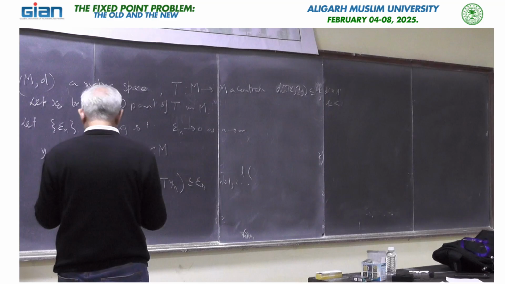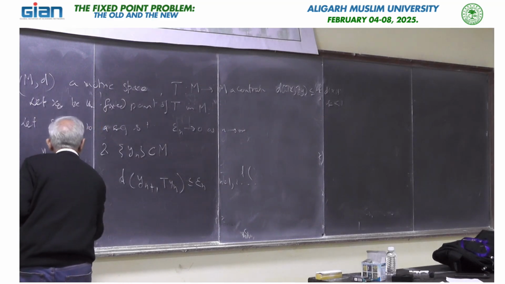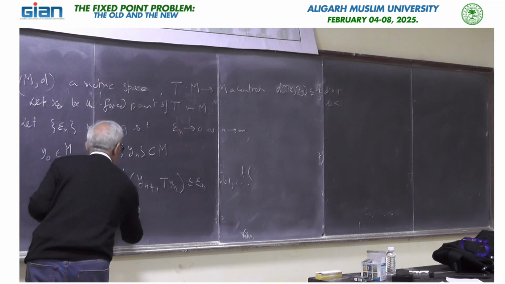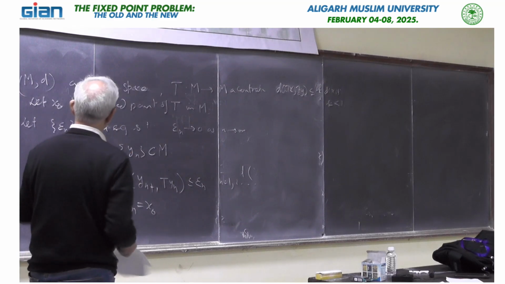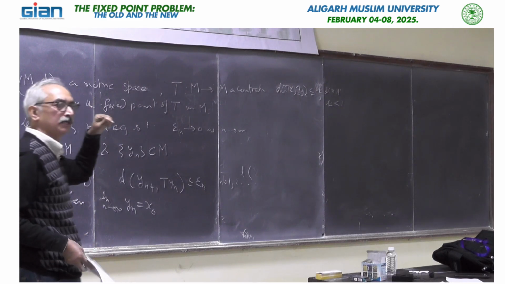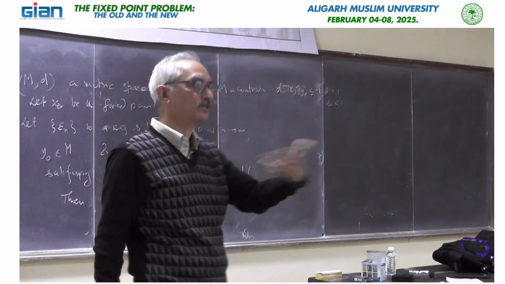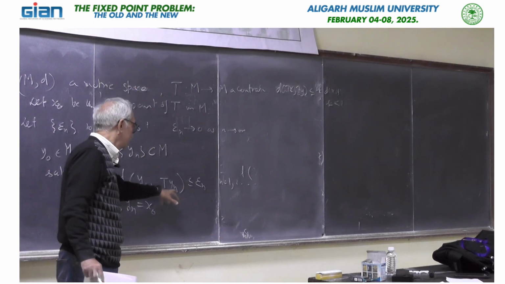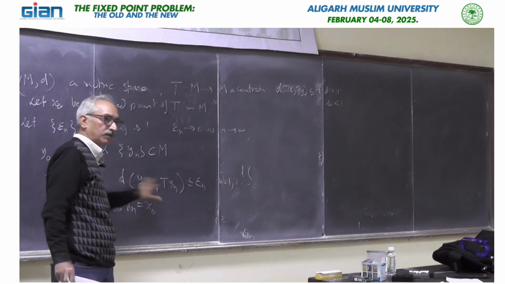Then we conclude that the limit as n tends to infinity of y_n is actually equal to x_0. You started with any y_0, and by the Banach contraction principle you know that the sequence has to go to x_0. But because of calculation errors, T of y_n is not exactly equal to y_{n+1}, but some approximation of that.